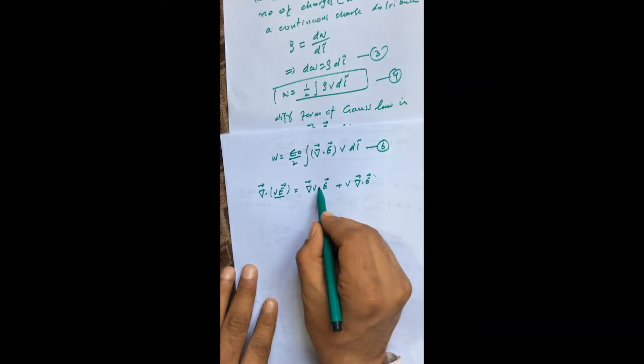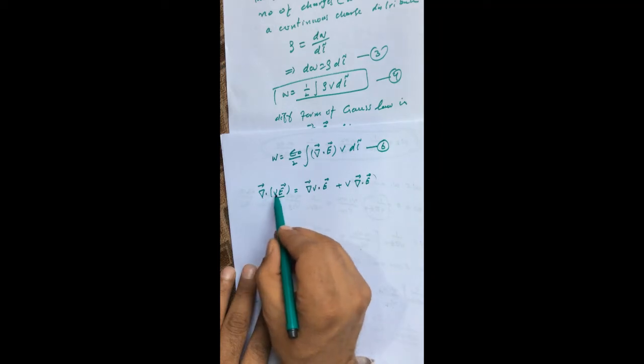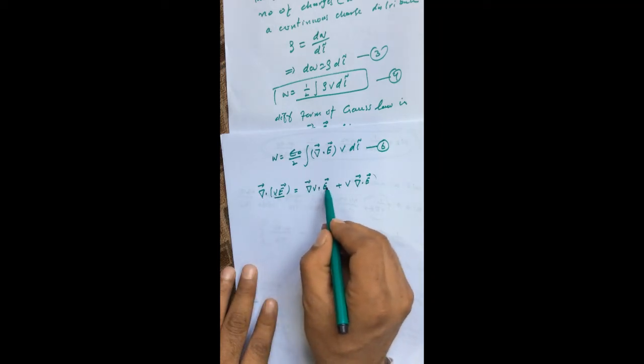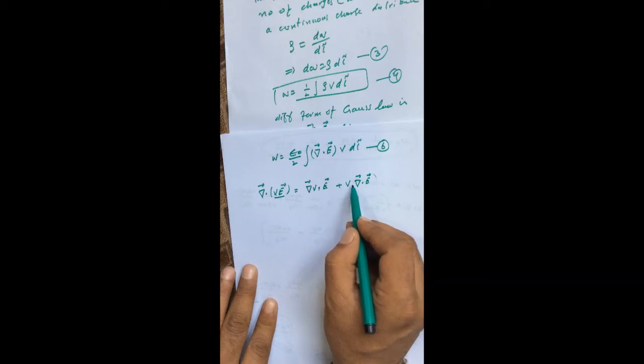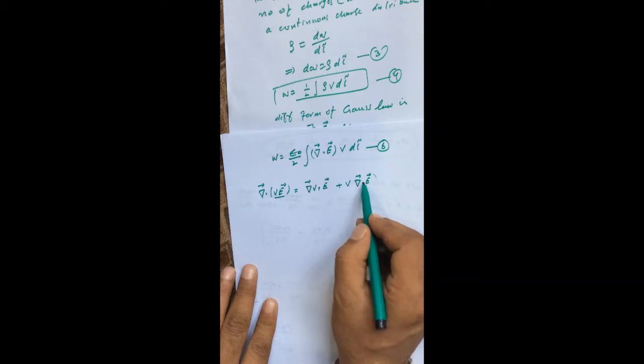The dot product is always between vectors. So here del V is a vector, so dot E. Now V is a scalar, so there will be no dot product here. The dot product will be between del and E.